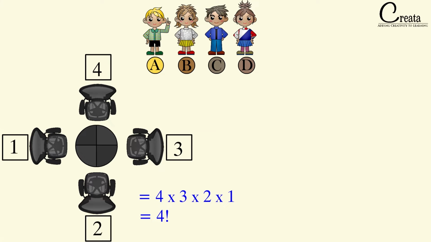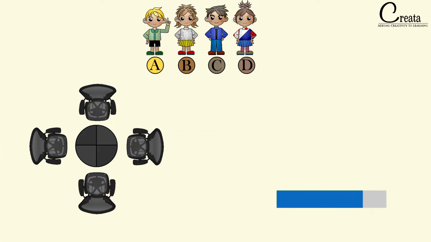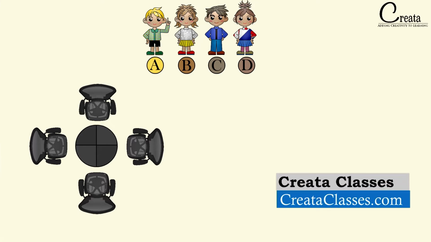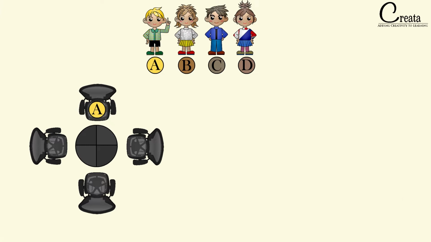Is our answer correct? No. In the circular arrangement, this answer is not correct. I will explain why. Let's assume person A sits at this location, person B at this location, C at this, and D at this location.